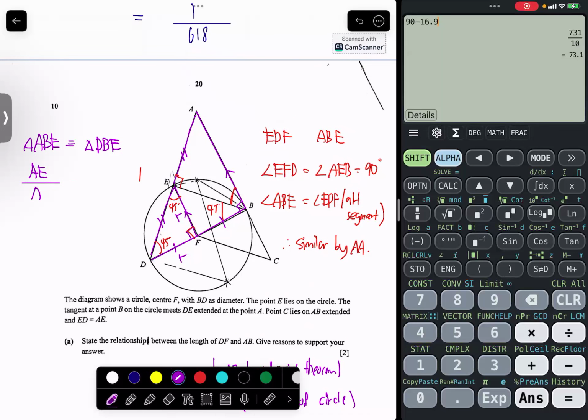AE over AB equals to DE over DB. Okay, since AB equals to DB, then AE over AB is equals to DB. Doesn't make sense.